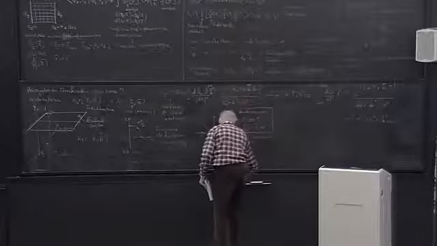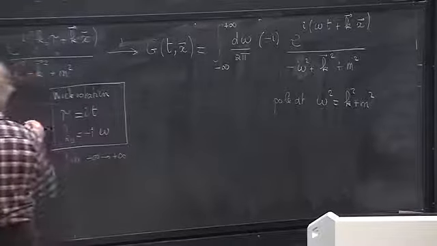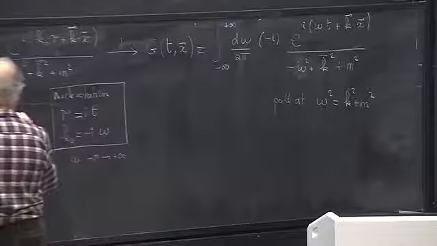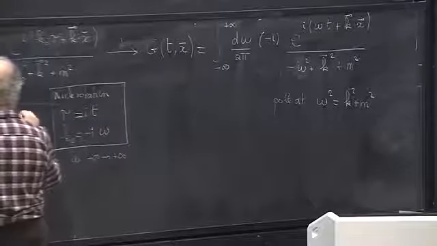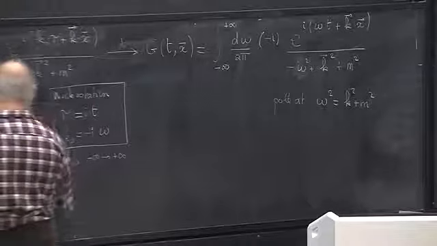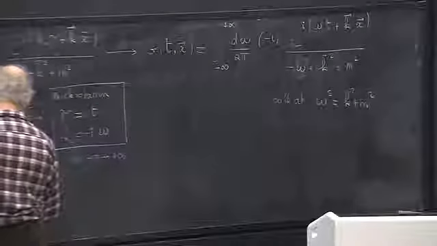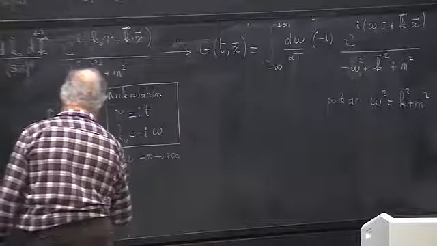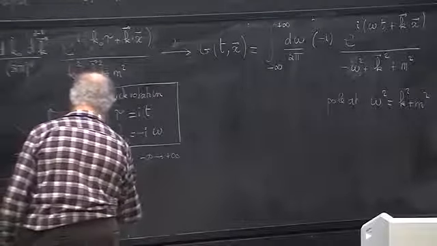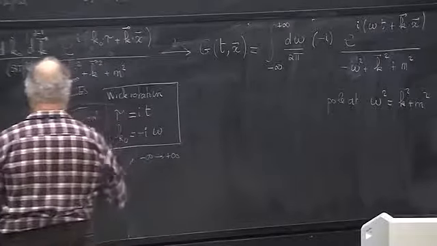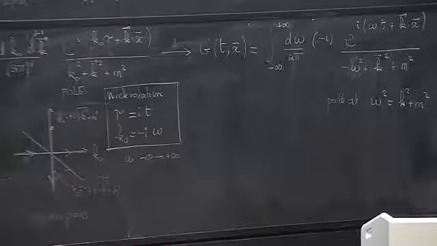So in fact, there is a pole at k naught equal plus i square root of k squared plus m squared, and another pole at k naught equal minus i square root of k squared plus m squared. These are the poles.